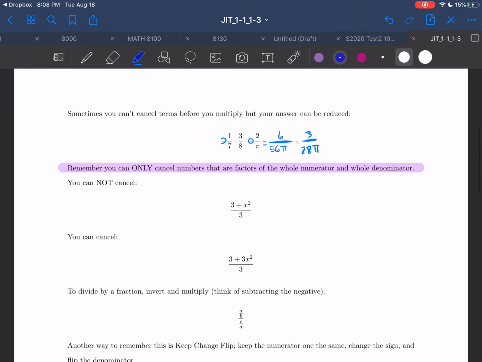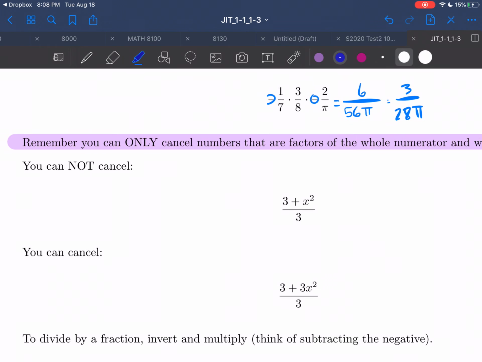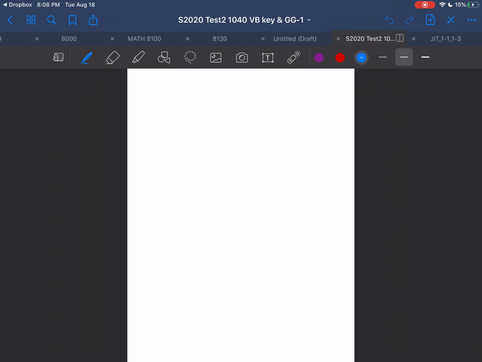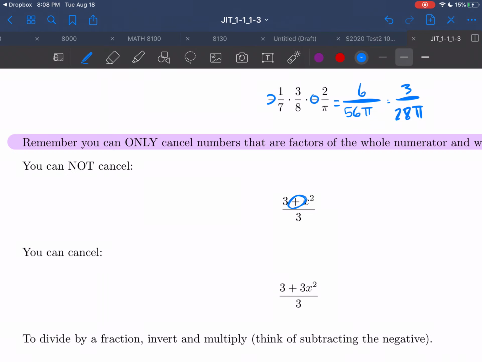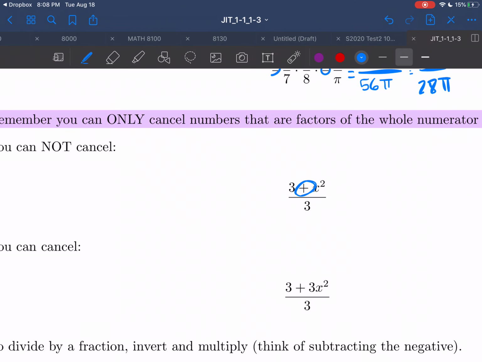So for example, we've got a 3 here and a 3 here and a 3 here, but there's not a 3 here. Or in other words, there's an addition symbol up here, so we cannot cancel.